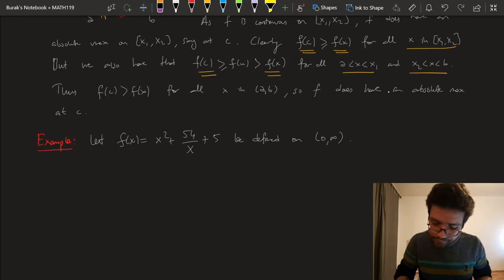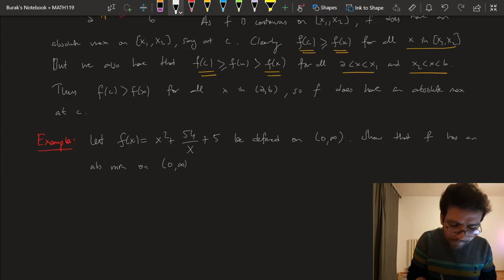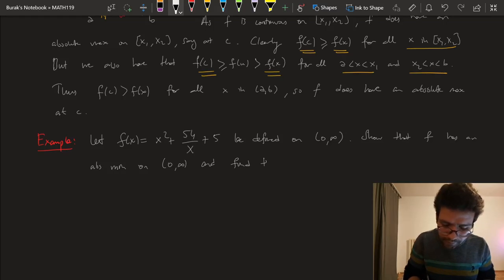Show that f has an absolute minimum on 0 to infinity and find this value.